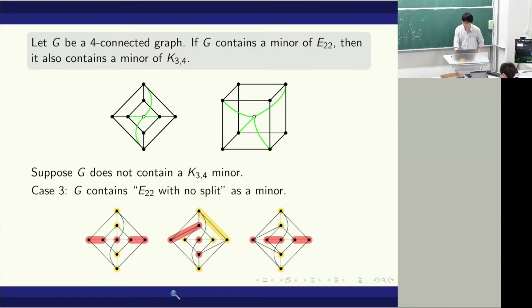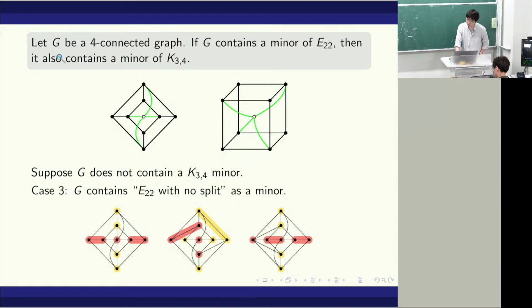So there are three possibilities, and each of them again has a minor of K34. Therefore, we have exhausted all the possibilities, and we can conclude that if G is a four connected graph and it has a minor of E22, then it also has a minor of K34.